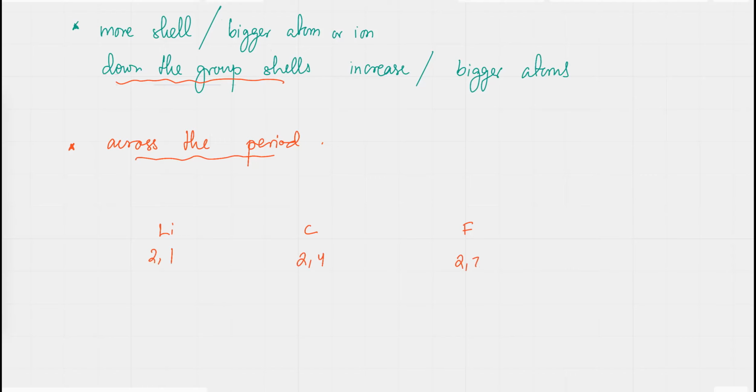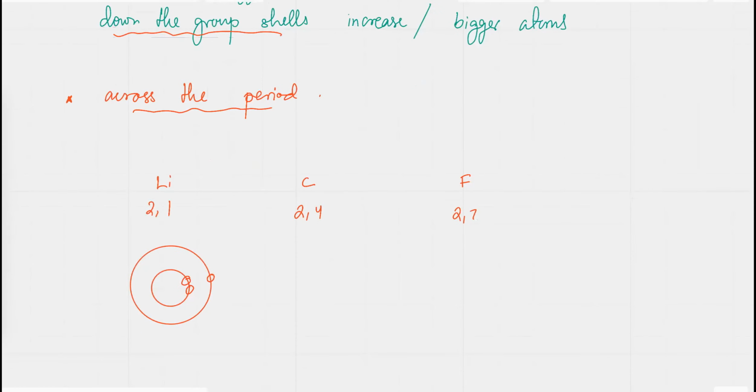They have the same number of shells, which is 2. So that's 2 electrons, and this is lithium, right? Carbon is going to have exactly the same number of shells, 2 of them.